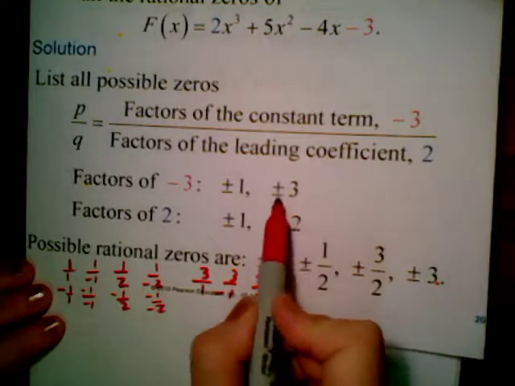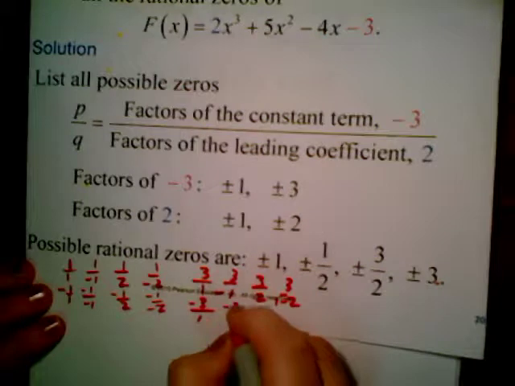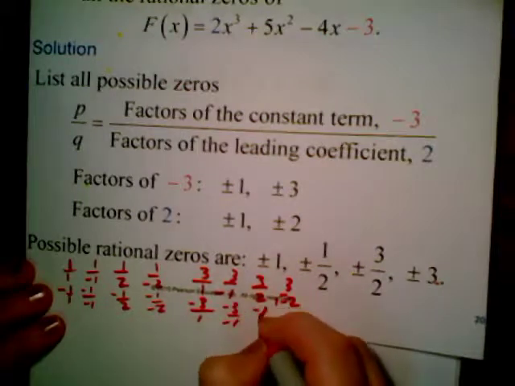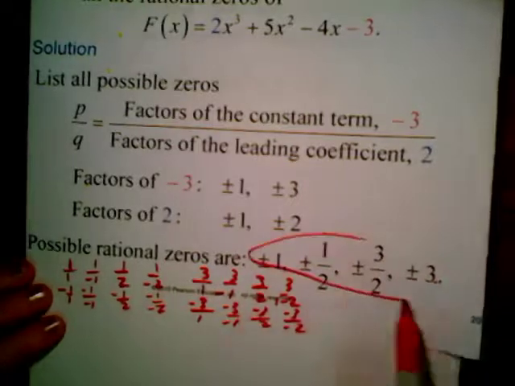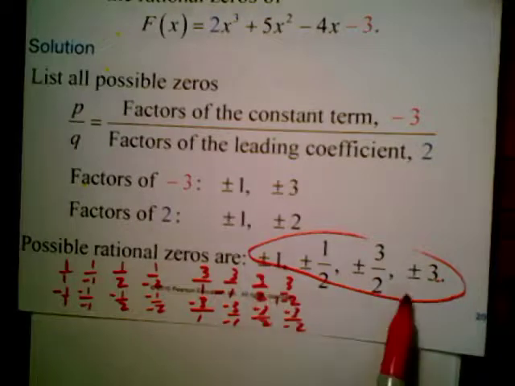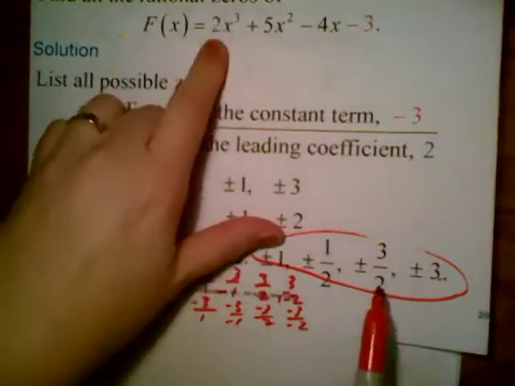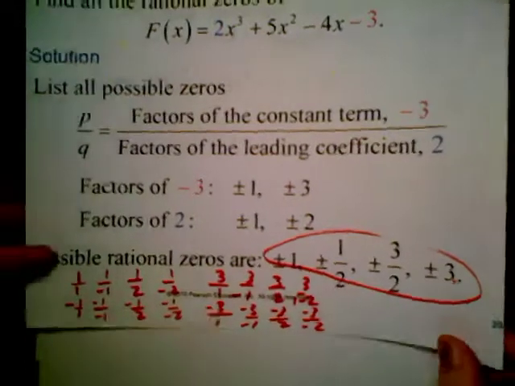And if we continue on and use -3 as a numerator, we're just going to have redundant possibilities. Okay, so that's how they showed on this slide to get a list of possible rational zeros for this particular polynomial up here.